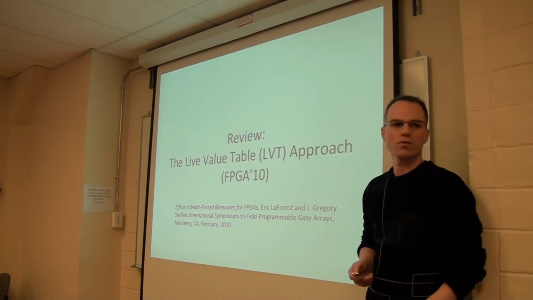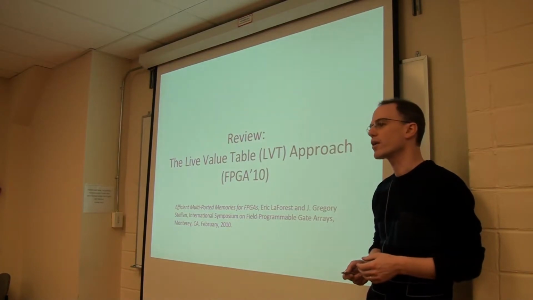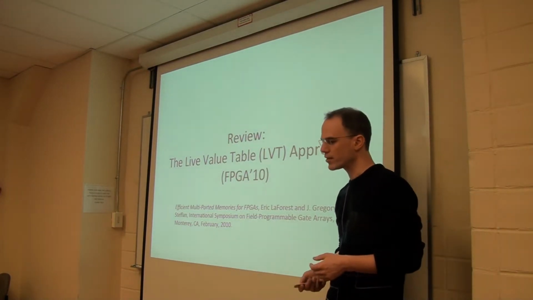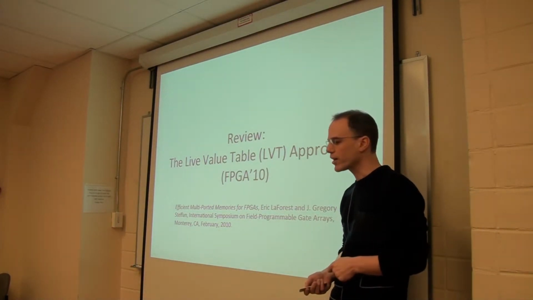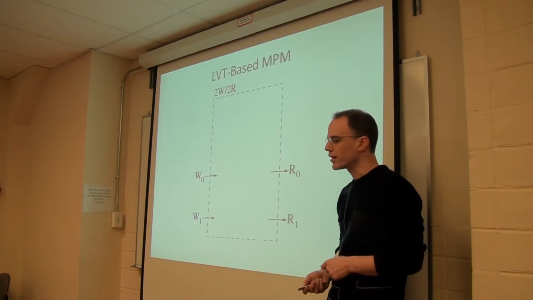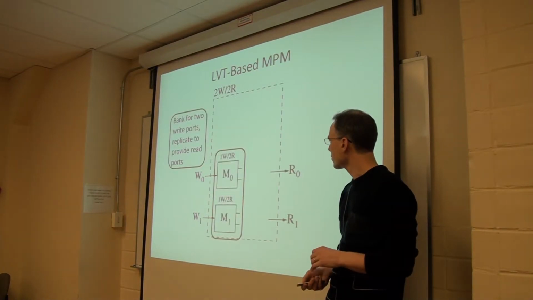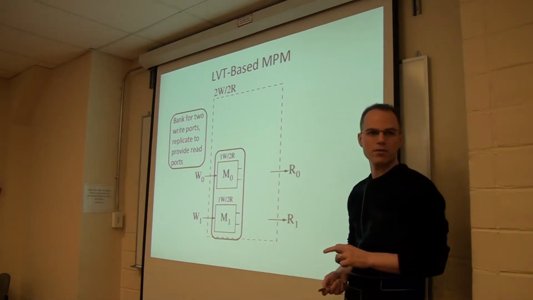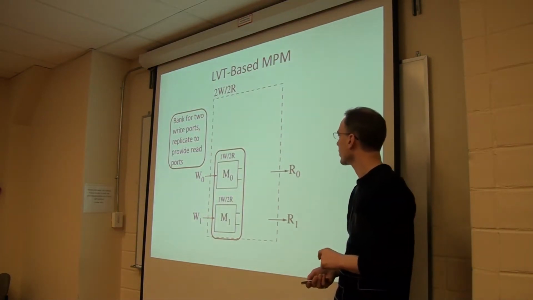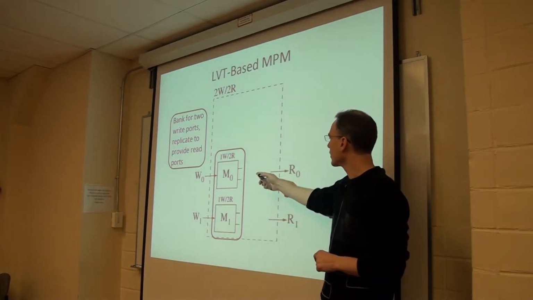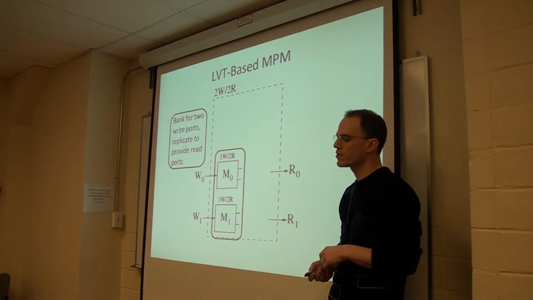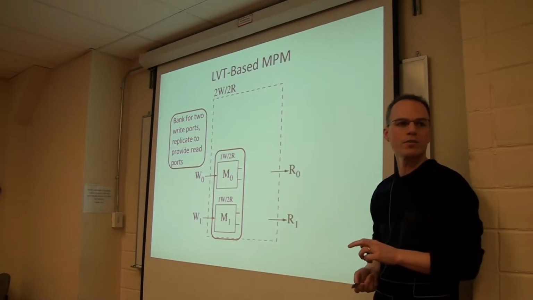That was the state of things when we came up with the live value table design in FPGA 10. To remind you quickly about that design, again, we want to build a 2 write, 2 read memory. We'll do this by taking a banked design, so 2 separate block RAM banks. Actually, each one is replicated to provide 1 write and 2 reads.